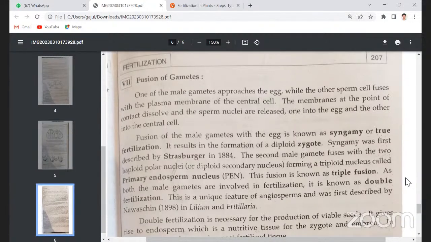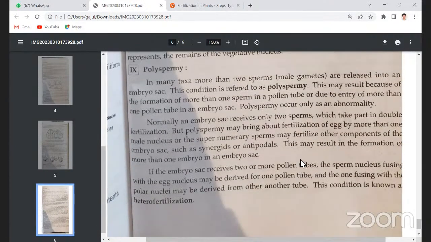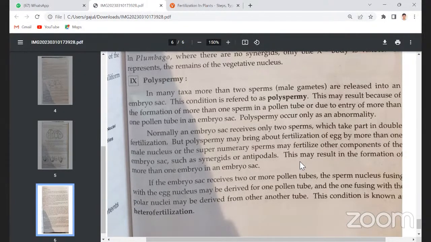And the next one is polyspermy. In many types, more than two sperms, two male gametes, are released into an embryo sac.